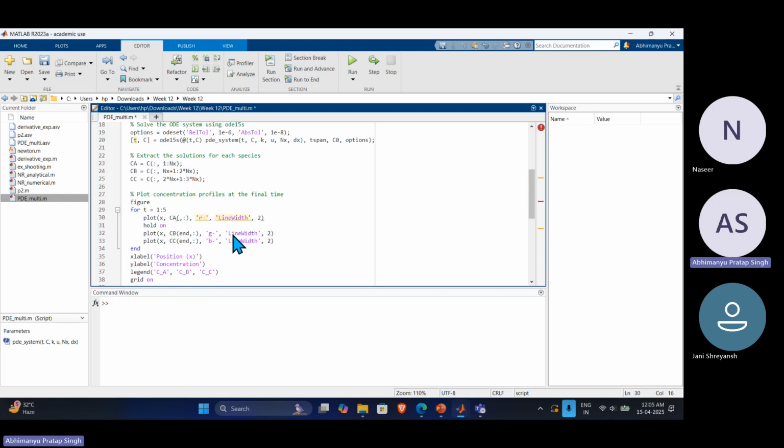This will just be t, plus, no, not plus 1. This t is fine.